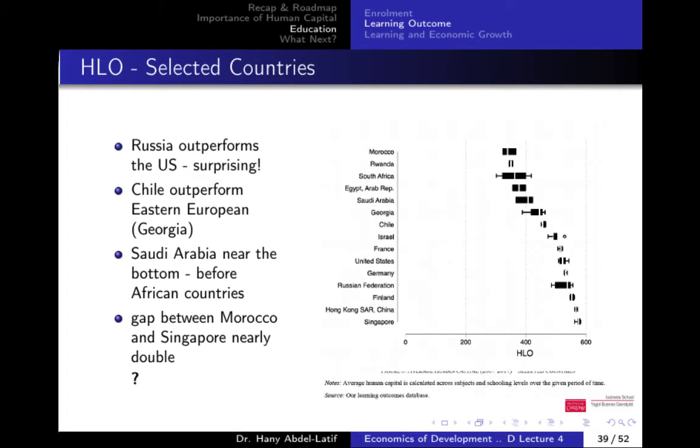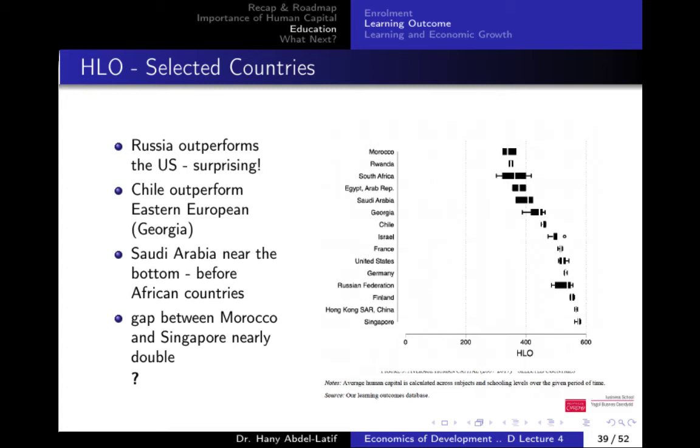Once you do this, you can rank those countries. As I said, Singapore is at the top of the list, and we're looking at more than 160 countries, nearly all countries in the world, probably 90%.